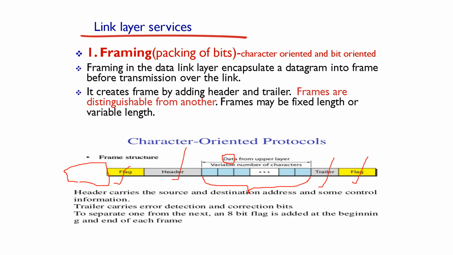The trailer information usually carries the CRC bits, or error detection and correction bits. The flags are usually an 8-bit specific pattern decided by the sender and the receiver on prior agreement. A common flag will be used on the receiving side and the sending side.